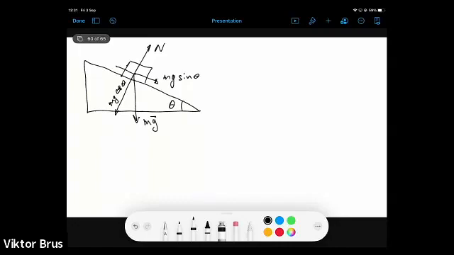And here we will have some Fs, our static friction. So the question is, at which angle theta will this body start to slide on the inclined plane. We know that Fs is equal to mu s times n.